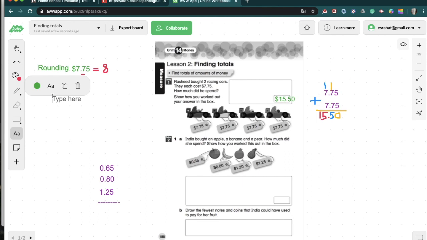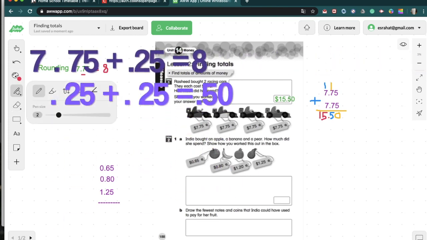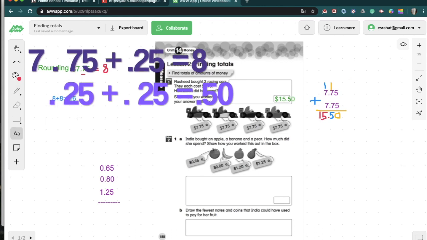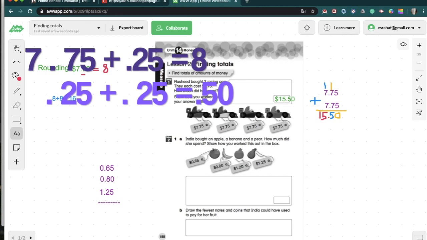So 8 plus 8, it will equal, do you know the answer? It equals 16. Now notice that the number that we added to the 7.75 to be equal 8 is 0.25, which is a quarter.